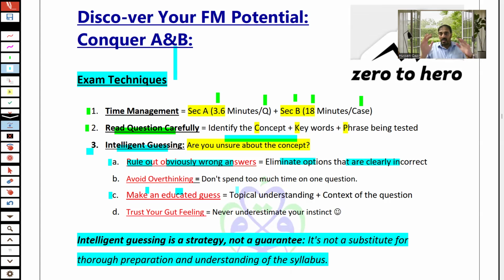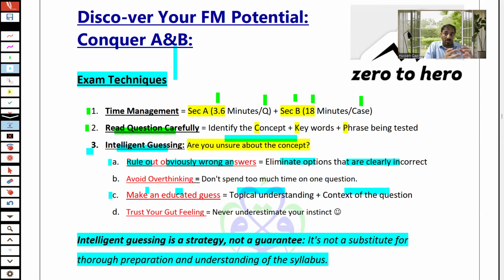Educated guess means you just relax and first of all observe the topic. The topic is about financial derivatives and futures. And read the context of the question.